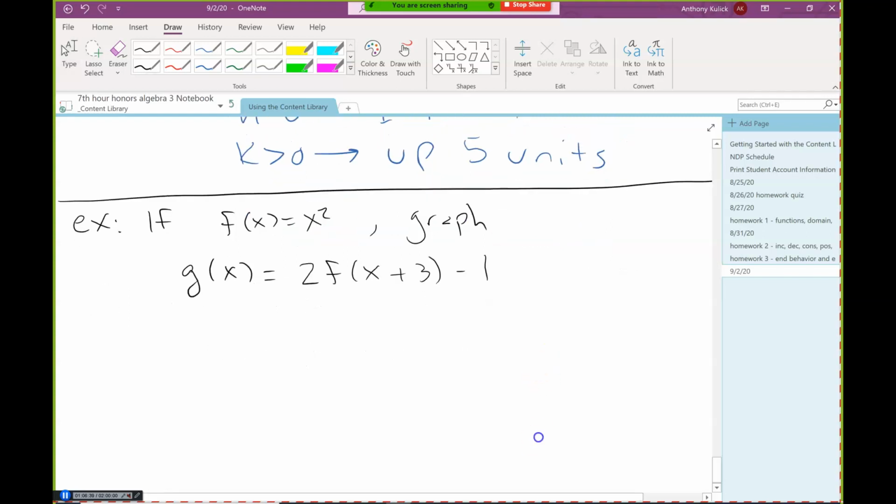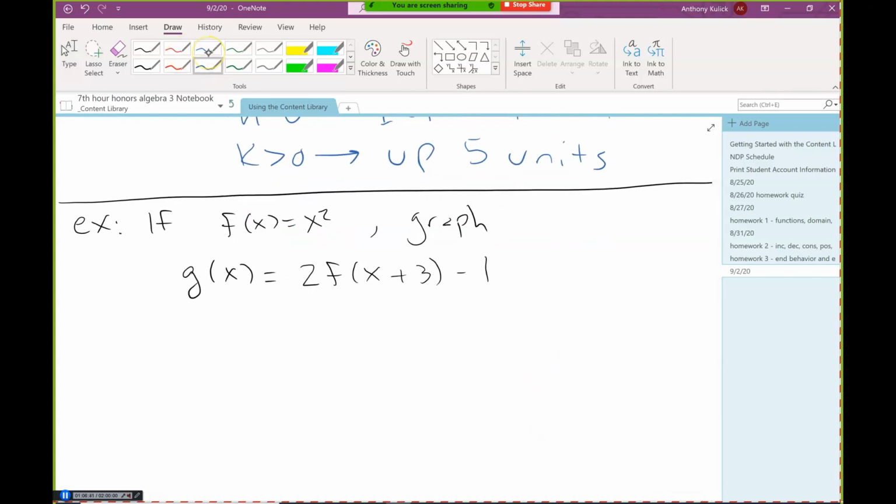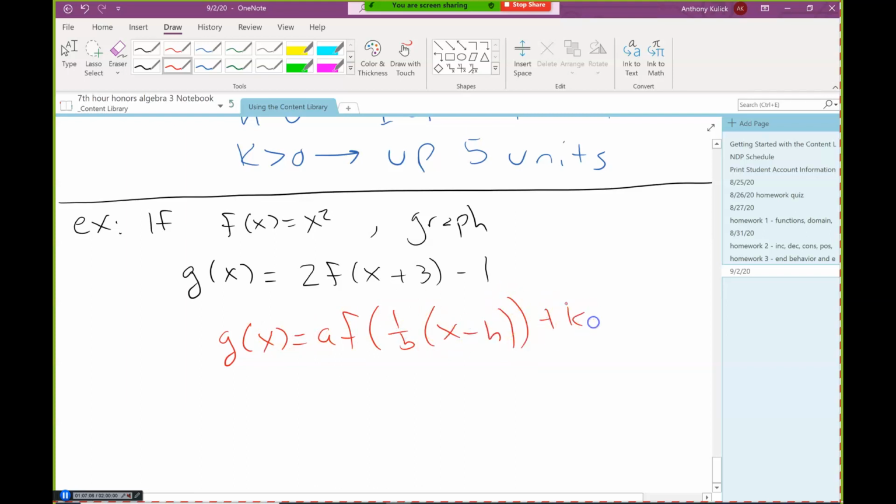Okay, so if f of x is equal to x squared, we're going to graph g of x equals 2 times f of x, or I'm sorry, f of x plus 3, minus 1. So I'm going to start this same way and identify my values for A, B, H, and K.